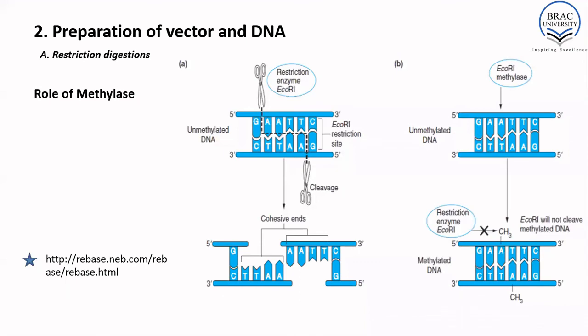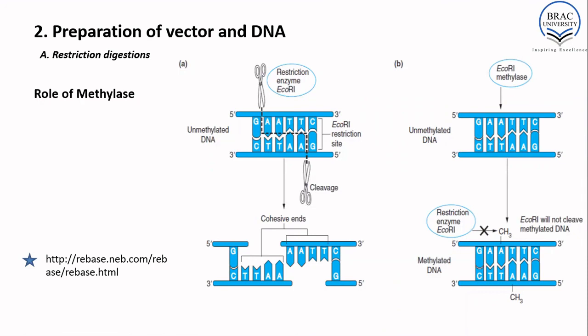As we just discussed a few slides back, the restriction enzymes have another component in their system, and that is the methylase. The methylase transfers a methyl group, especially to the cytosine residue, and forms 5-methylcytosine. That methylated DNA sequence is protected from being degraded by restriction enzymes or other foreign bodies.